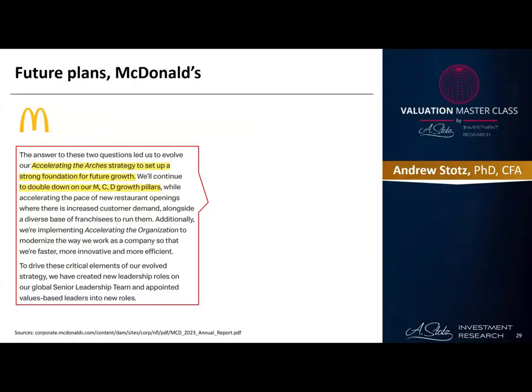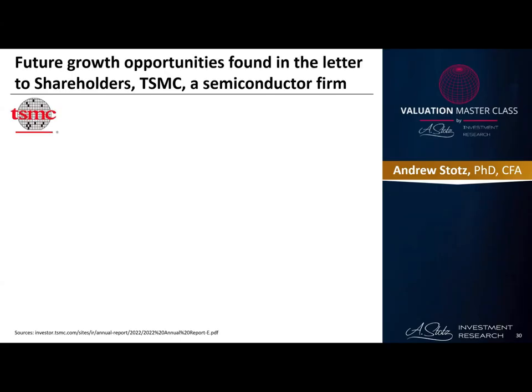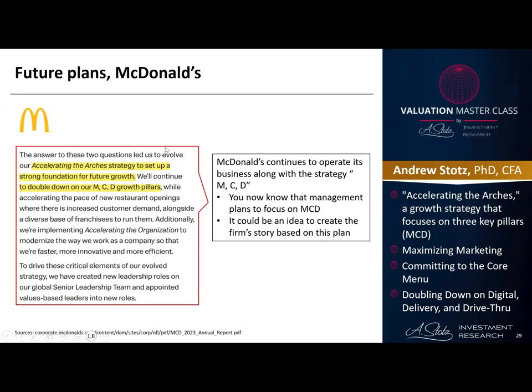So let me start with this page, okay? I did talk about this yellow highlight, where they have talked about accelerating the Arches. It's a growth strategy that focuses on the three pillars, right? M is for maximizing marketing.